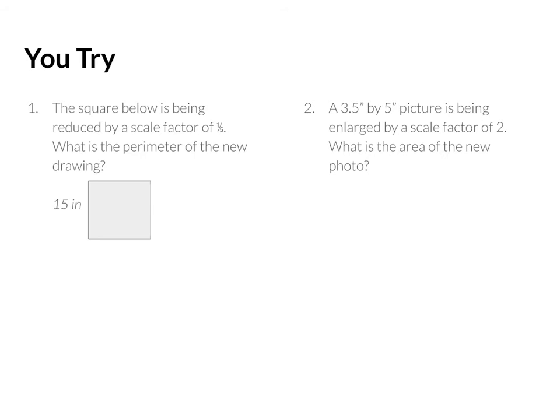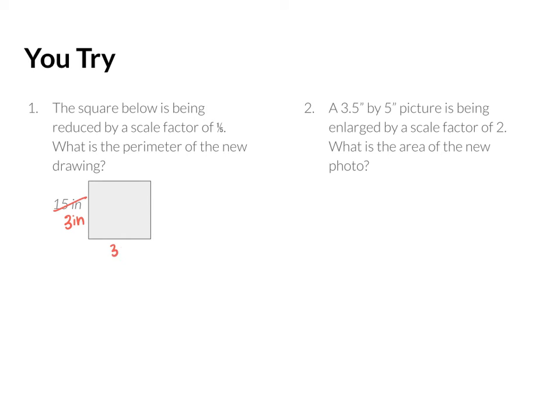Here's 2 problems for you to try. Pause the video, try them on your own, and play and check the answer. For number 1, the square is being reduced by a scale factor of 1/5. So if I'm finding 1/5 of 15, 1/5 times 15, or 15 divided by 5, gives me 3 inches for my new length.